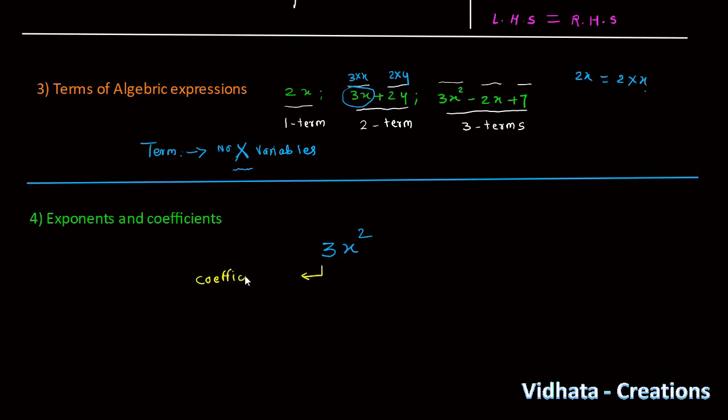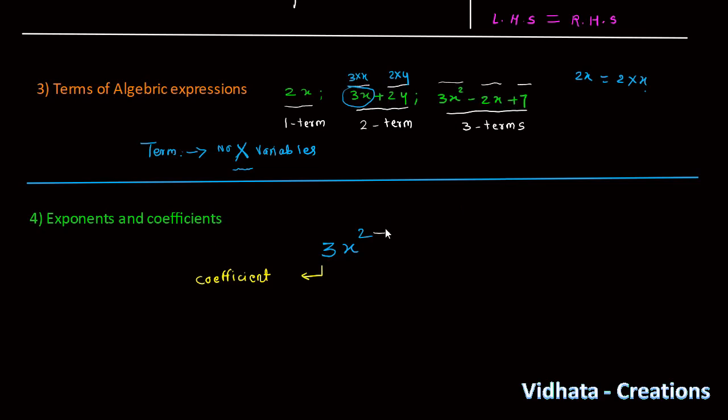Coefficient. What you can guess from the word coefficient? The coefficient means the number which is directly in multiplication with the variable. The number which is directly in multiplication with the variable is called as coefficient. And what is meant by exponent?